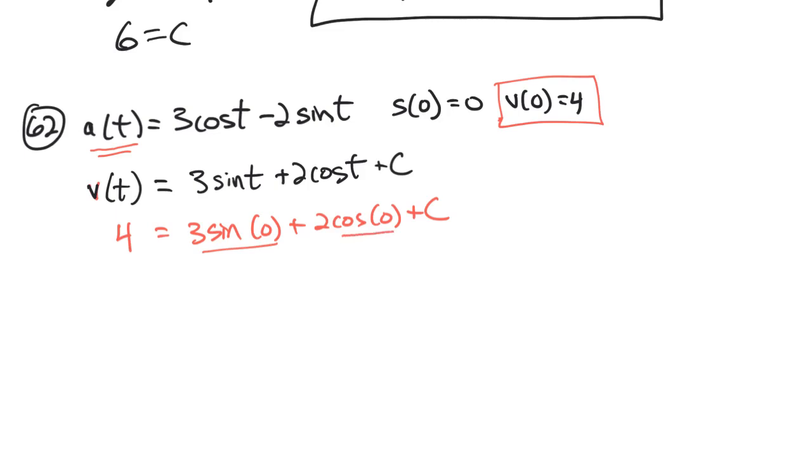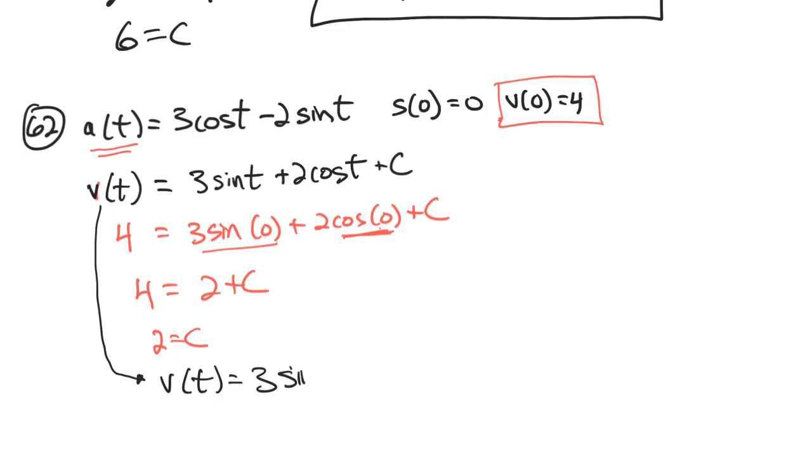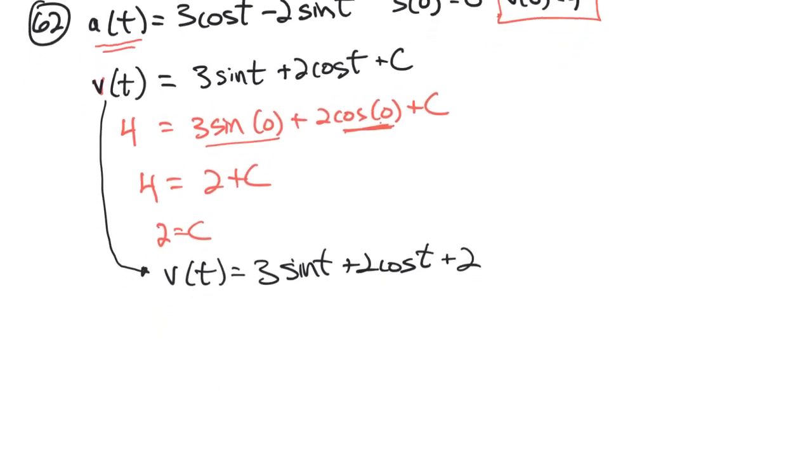Cosine of 0 is 1 though, right? So we get 4 equals 2 plus c, because this is 2 times 1. So if you subtract 2 from each side, you will get 2 equals c. So now we can update this velocity formula. The velocity is equal to 3 sine of t plus 2 cosine of t plus 2. So there's the velocity.